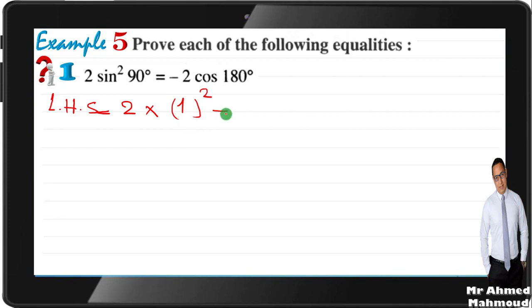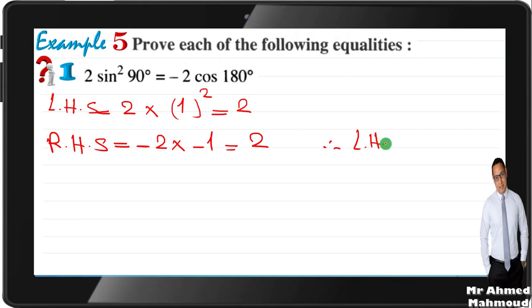It will be 2. Okay, the right hand side equals negative 2 times cosine 180, which equals negative 1. Negative 2 times negative 1 equals 2. Therefore, the left hand side equals the right hand side.